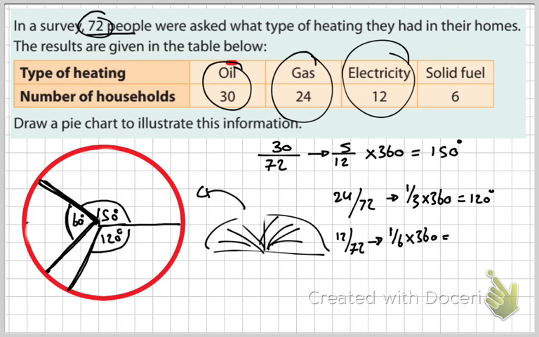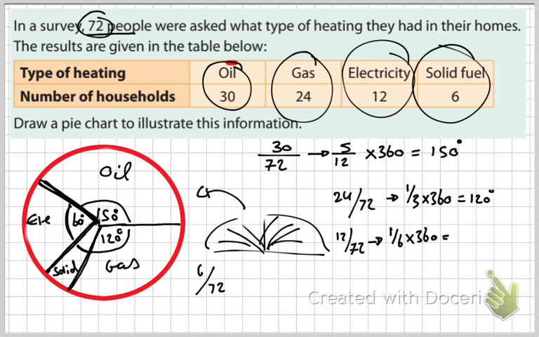Then your last one is your solid fuel. This is oil, this was gas, this is electricity, and your last one in here would be your solid fuel. To find out its angle, do the same process. It'd be 6 over 72, so that would be 1/12 by 360. That is 30 degrees, and very roughly that is 30 degrees.